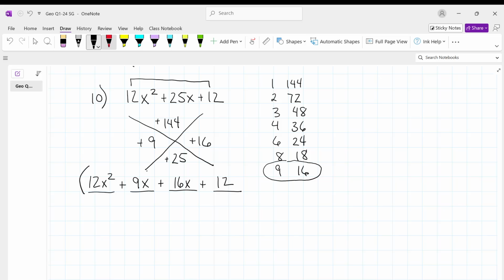We group and factor. So the GCF of 12x squared and 9x is 3x. 3x goes into 12x squared 4x times. 3x goes into 9x 3 times. The greatest common factor of 16 and 12 is 4. 4 goes into 16x 4x times, and 4 goes into 12 3 times.